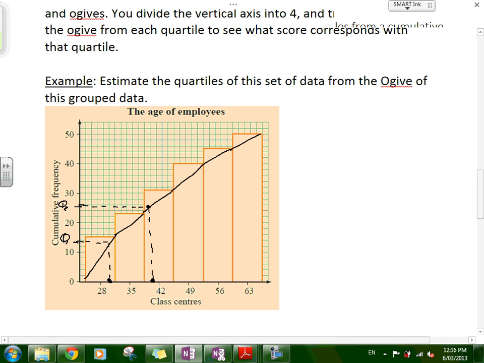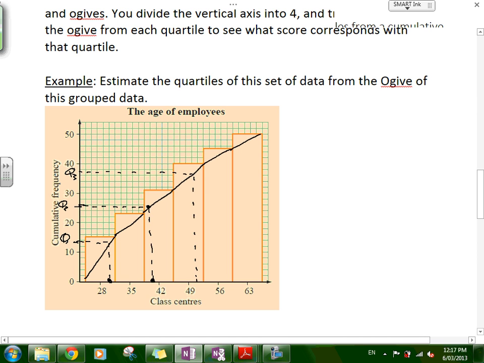Then again, we go 12 and a half, halfway between these two, somewhere around here, and we go across. This is our reference for Q3, the upper quartile, and I trace that down.